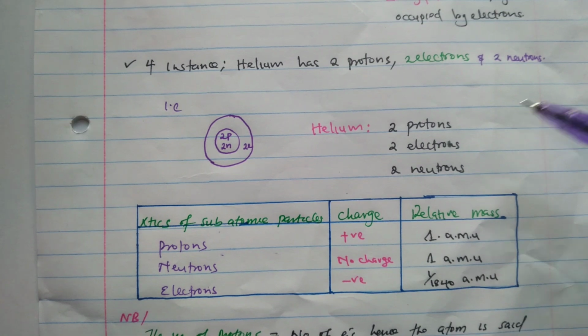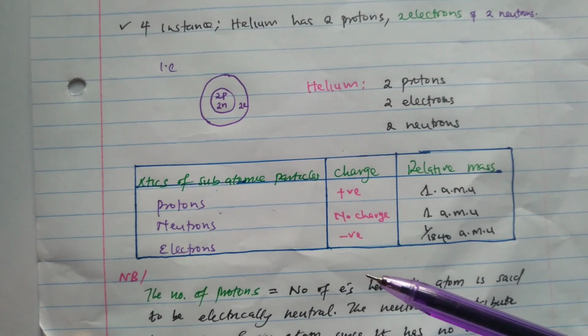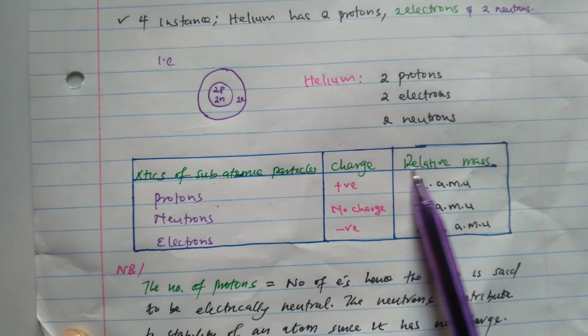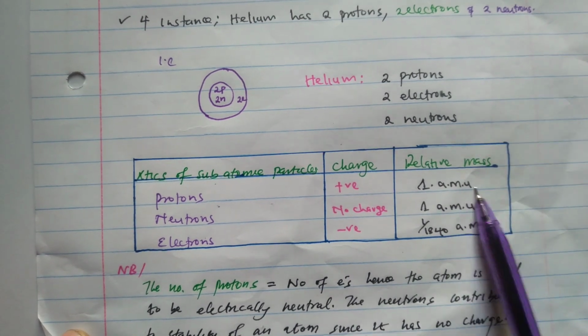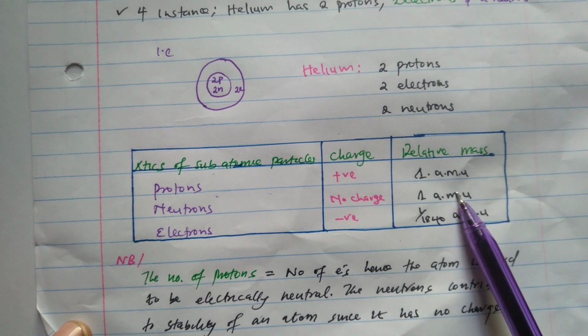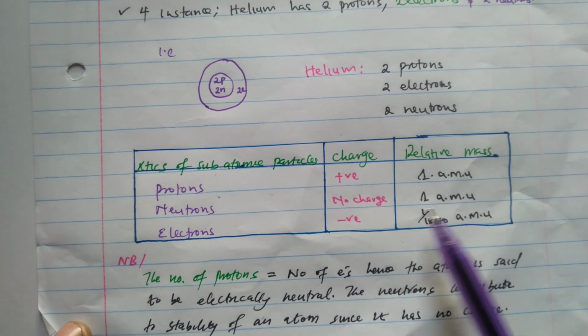So, besides that, we have characteristics of the subatomic particles. Number 1 is that a proton is usually positively charged and has a relative mass of 1 atomic mass unit, or AMU. The neutron has no charge and has a relative mass of 1 atomic mass unit.